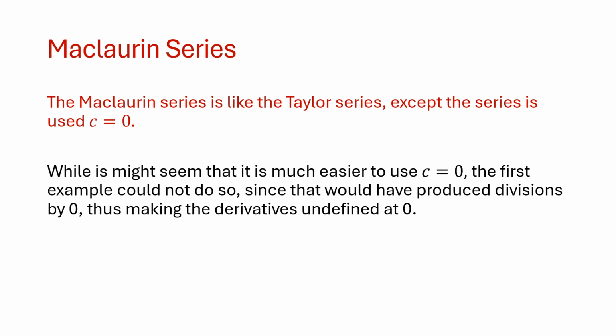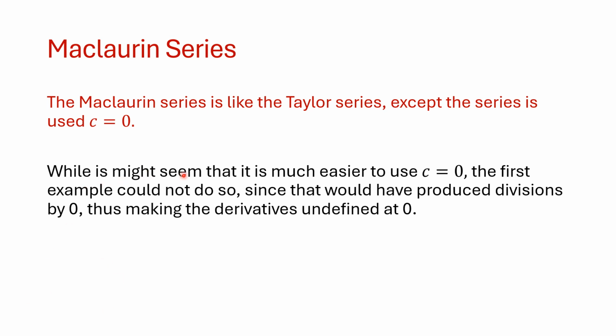Now, the Maclaurin series is like the Taylor series, except the series uses c equals 0, or we expand around 0. This one is a little bit nicer because there is a polynomial in terms of x, not in x minus c. The problem we would have had with the first example is the derivative would not have been possible, because we would have been dividing by 0.